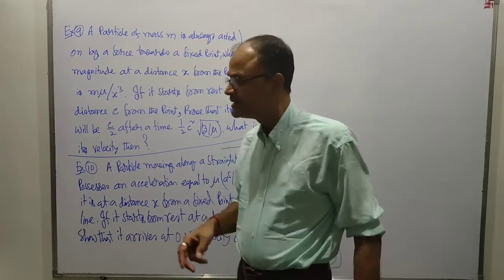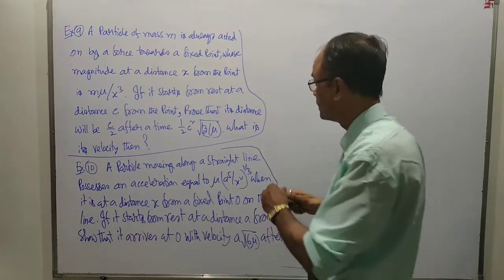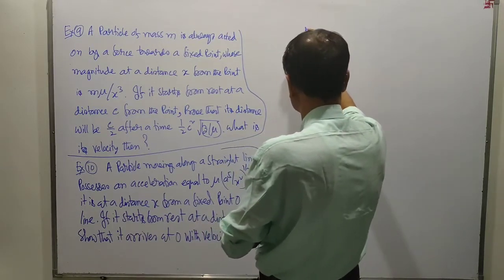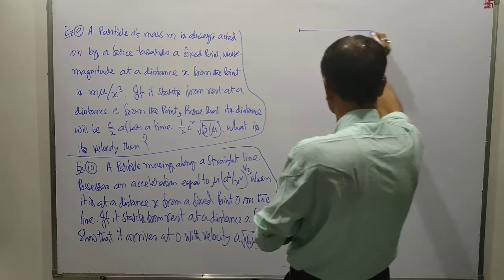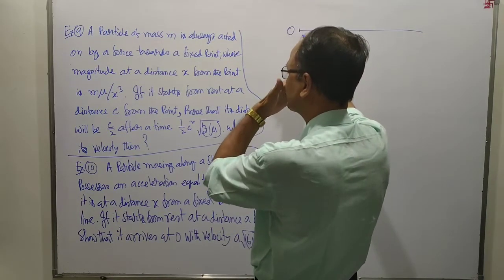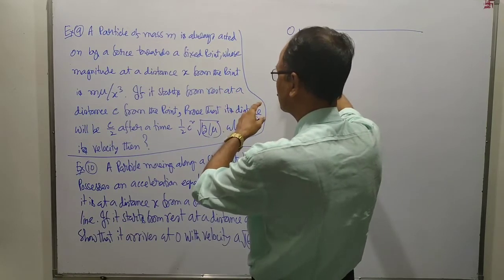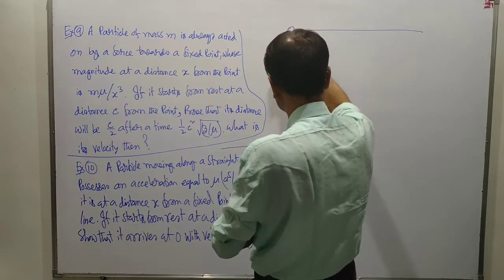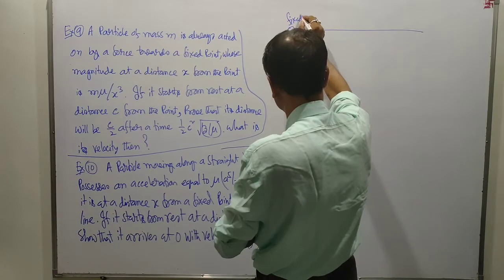Two questions. Number 1, let me draw that diagram first. Suppose O is the fixed point. This is the fixed point.